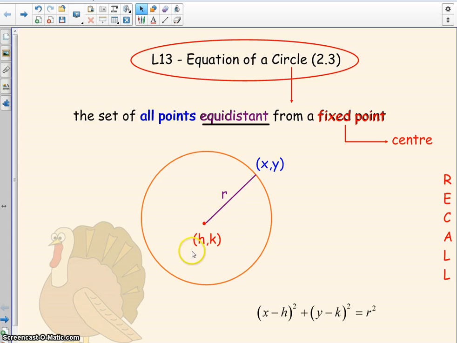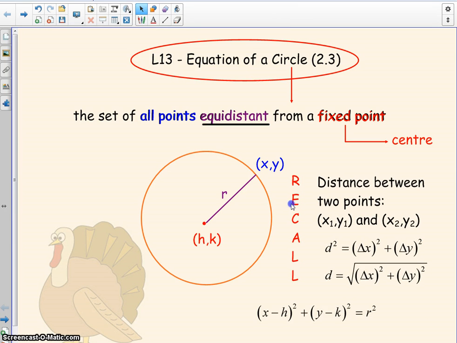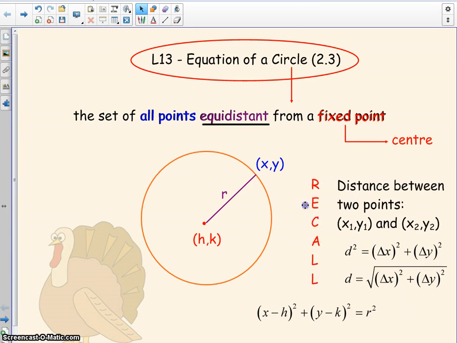So the question is, how can we actually describe the equation of a circle? If we think about describing the distance from the center to a point xy on the outside of the circle, remember last lesson we looked at the distance formula. The distance between any 2 points, x1, y1, x2, y2, is d equal to the square root of the change in x squared plus the change in y squared.